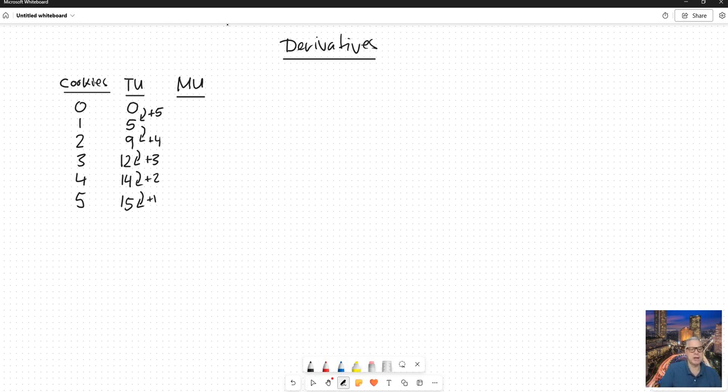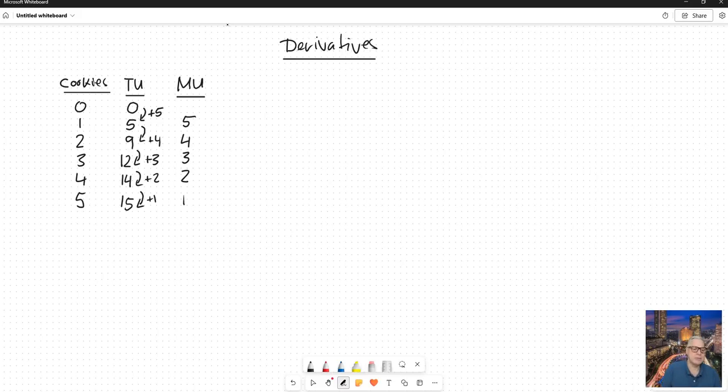In fact, marginal would mean that the distance between one cookie and the other cookie is so small that it's basically like a crumb rather than an entire cookie. But anyhow, let's just stick to the term marginal utility for now, but keep in the back of our mind that it's actually in this particular case the incremental. So the marginal utility of the first cookie is now 5, and then 4, 3, 2, and 1.